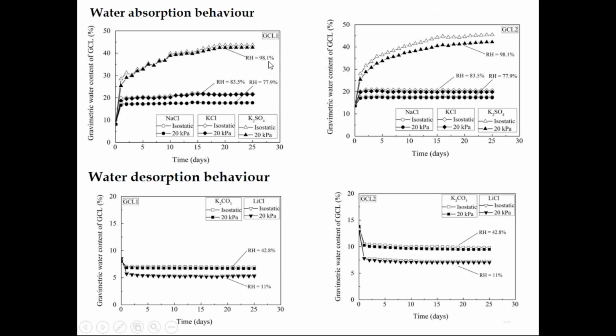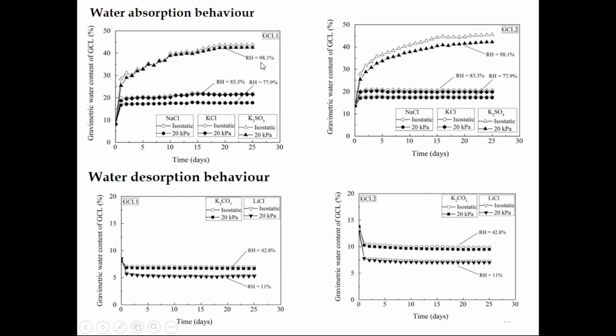So 98.1 is the relative humidity of potassium sulfate.